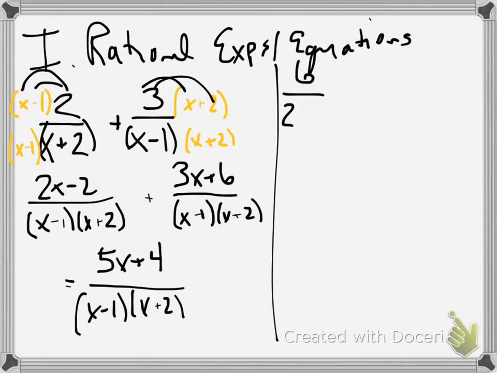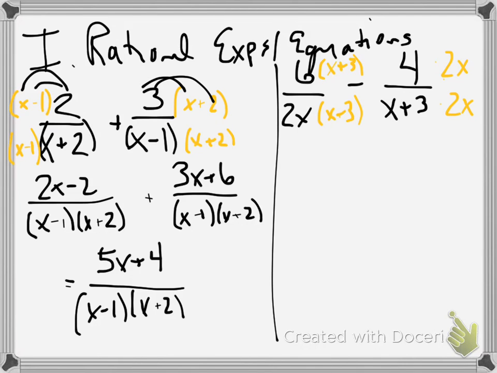So let's consider 6 over 2x minus 4 over x plus 3. Okay, again, the denominators are not the same, and they're totally different. They don't have anything really in common. So if I take the left fraction and multiply it by x plus 3, both top and bottom, and I take the right fraction and multiply top and bottom by 2x, now I'm going to get on my left fraction 6x plus 18 over 2x times x plus 3.